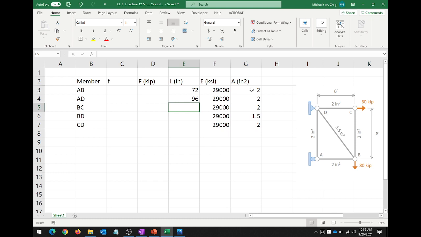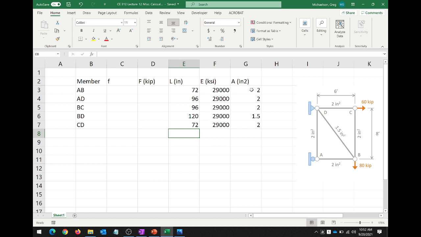BC is 8 times 12. BD, what's that one? Yeah, 10 times 12. And then CD is 6 times 12. There you go. Okay, so we filled in this data right here.